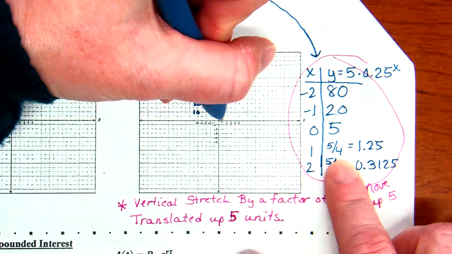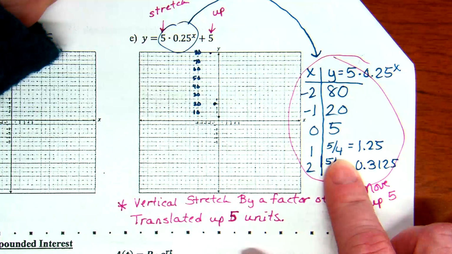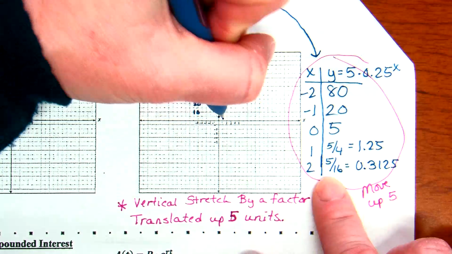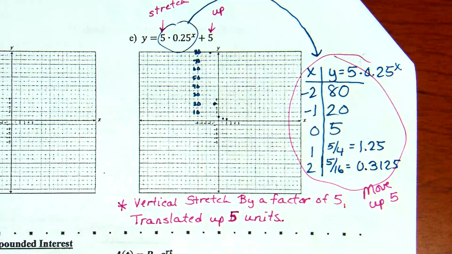And if you're going up 1.25, well, that's about 1/5 of a box, isn't it? So a little small. And then 2.3125, up very little. So that stretch of 5 really made this grow there.